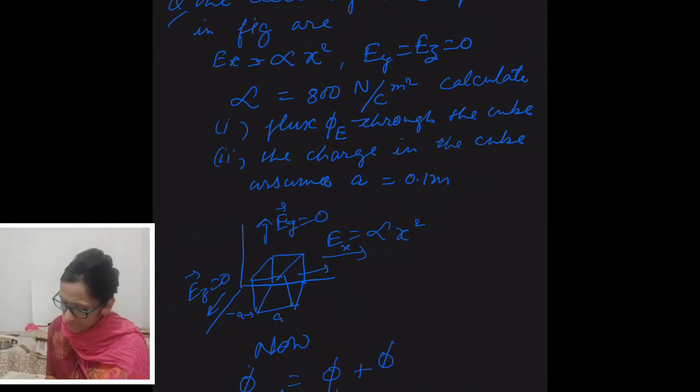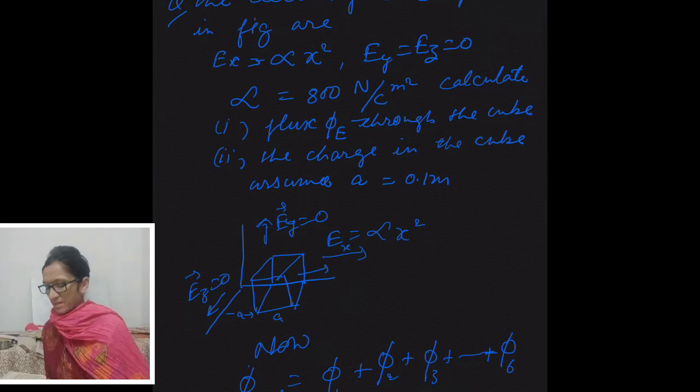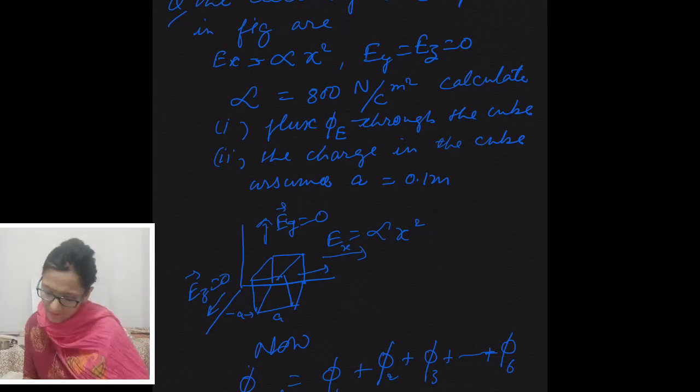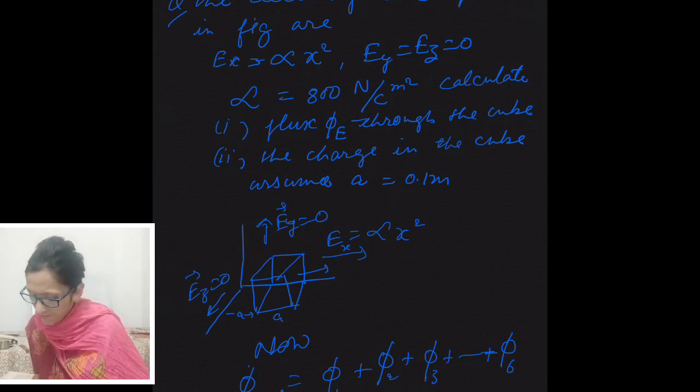Now the net flux phi net will be equal to phi 1 plus phi 2 plus phi 3 up to phi 6, as there are 6 surfaces, so the net flux through this cube will be equal to the flux through all the surfaces.